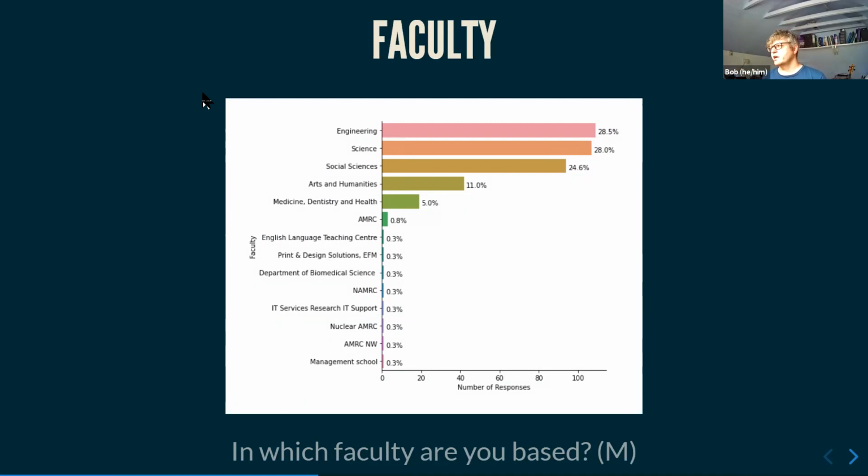But what I can say is that the major faculties in the university that I would expect to have seen responses from are represented here. AMRC is the Advanced Manufacturing Research Centre, which is quite a big part of the university. It's semi-independent. I'm surprised by the low proportion of responses from medicine, dentistry and health. I know that there's a lot of research done there. But as I say, we've got these major faculties represented at least.